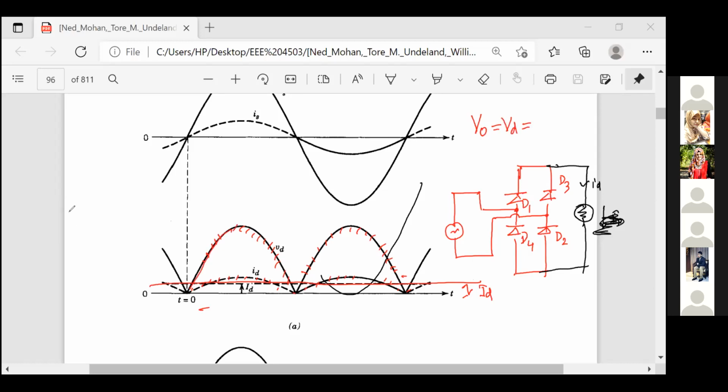For the half wave rectifier we already got this, and for the full wave rectifier it is double, so 0.9 Vs. If you want to find the average current, it must be V0 by R, so 0.9 Vs divided by R gives the average current. You got my point?